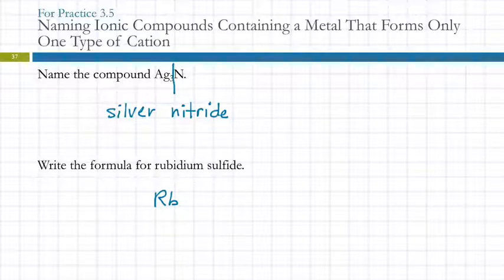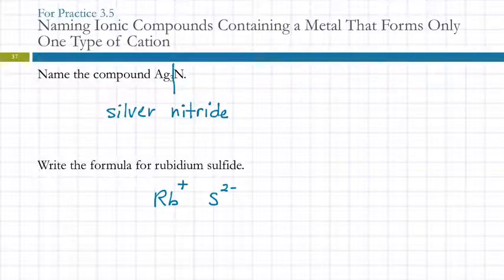So what's the charge? 1. It's a metal, so it's positive. Sulfide would be S. The "ide" tells us this is an anion. What's the charge on the sulfur ion? Count backwards. -2, right? So we've got rubidium with a +1 charge and sulfide with a 2- charge.